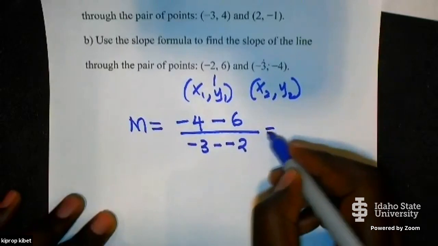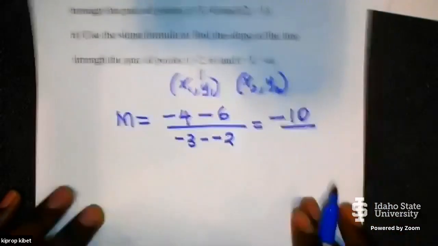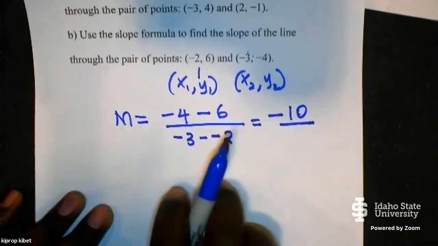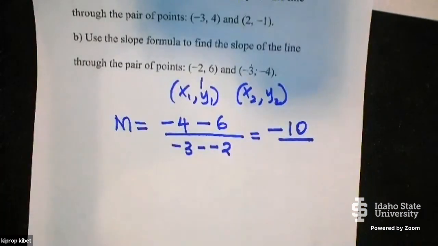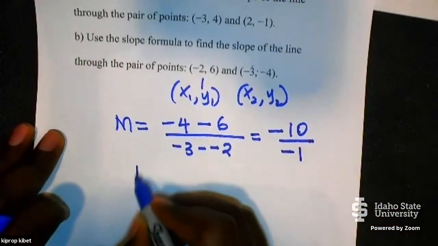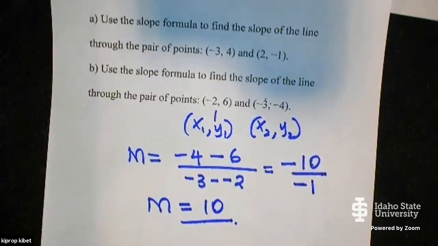So this is equal to -10 over -3 minus -2, which is -1. So m equals 10. m equals 10.